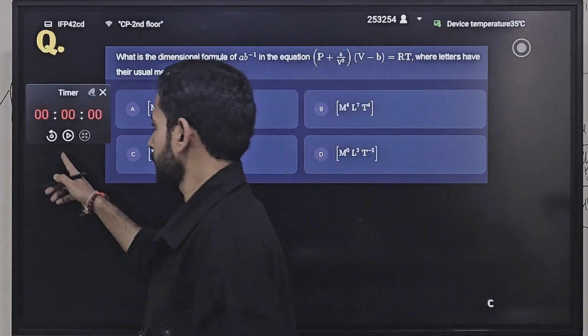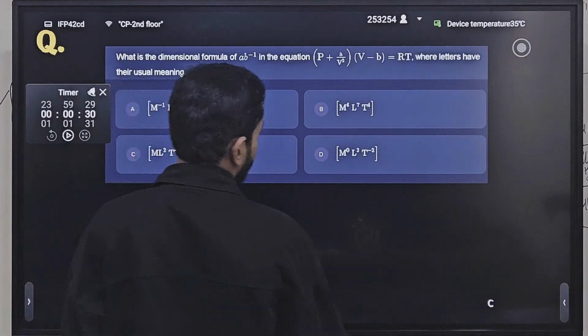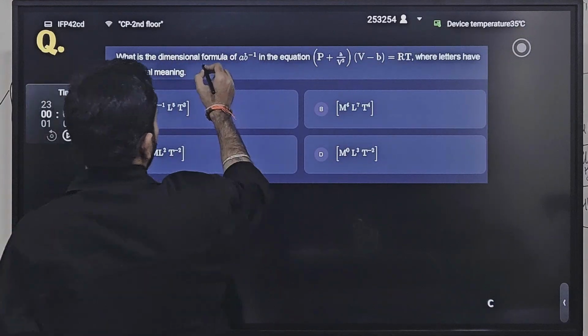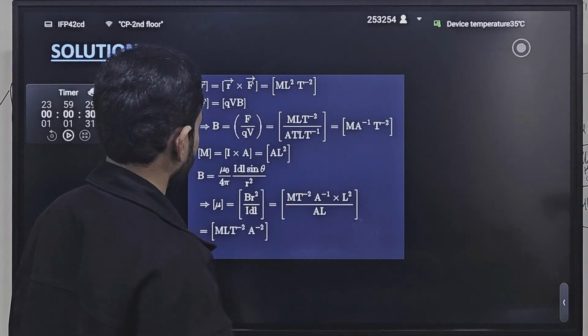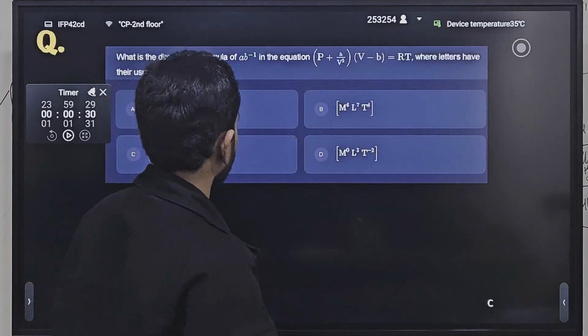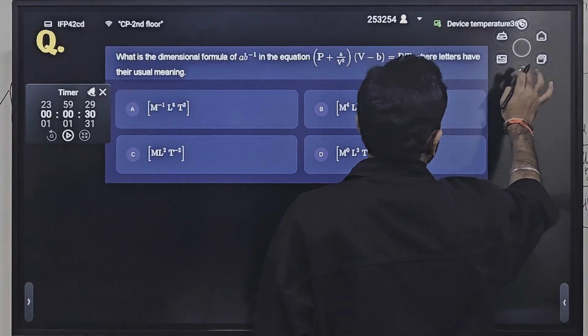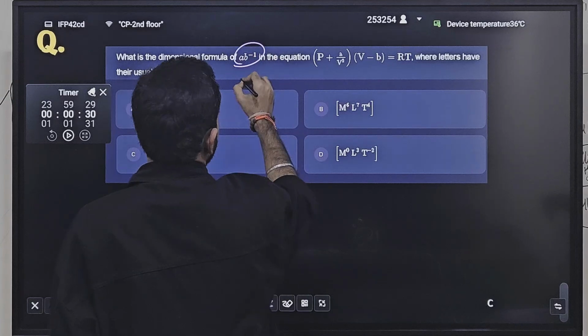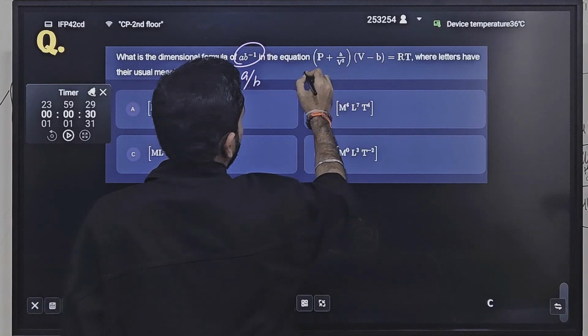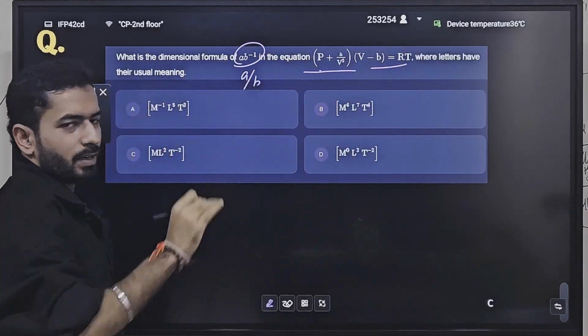Let's see. What is the correct answer? What is the dimension formula for AB minus 1? Okay, that means you have to find basically A by B. It is a question repeated a lot of times.